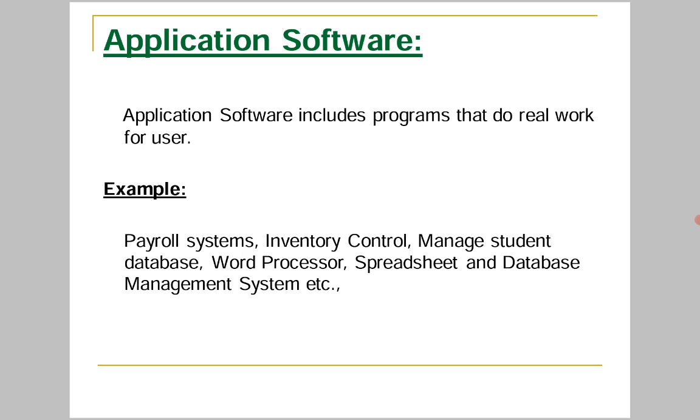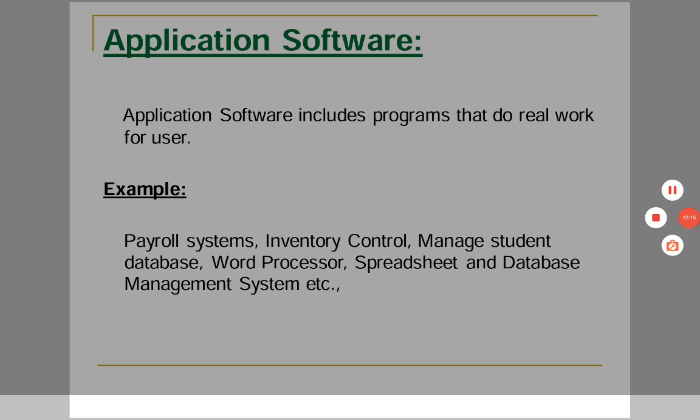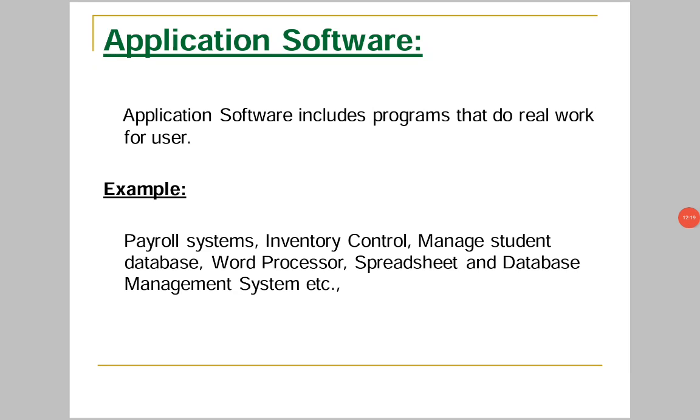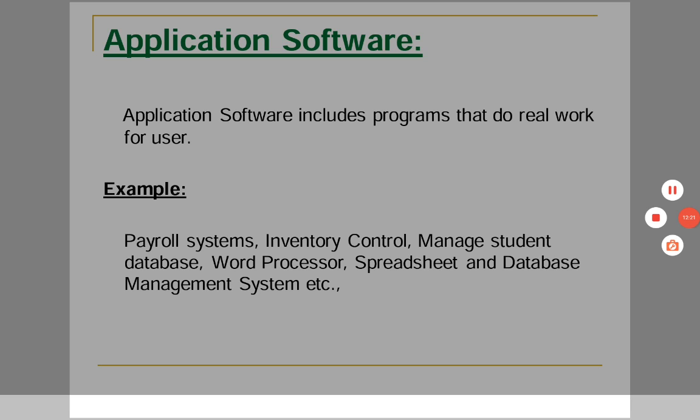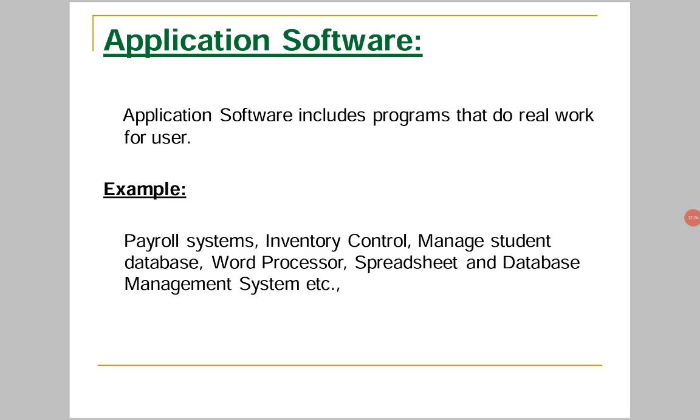Word processor means MS Word, and spreadsheet software means MS Excel. Database management software or DBMS means Oracle or something like that. All these are called application programs. Application software is developed by end users or programmers or system developers for a predefined purpose or task only.